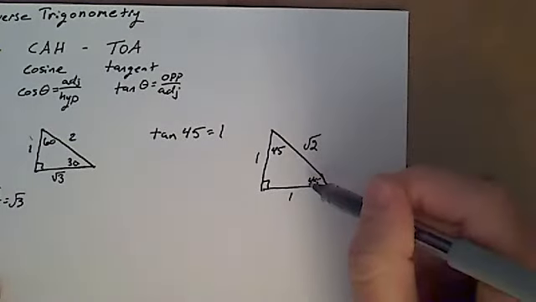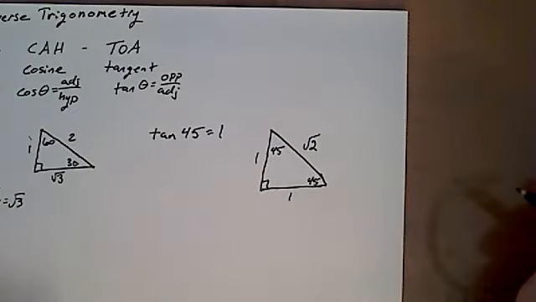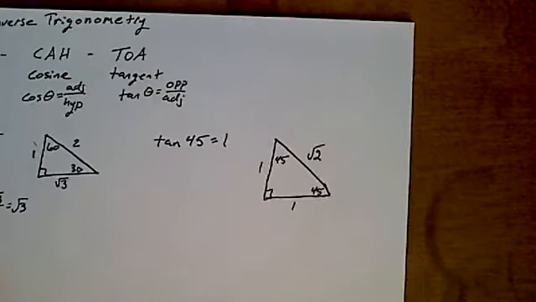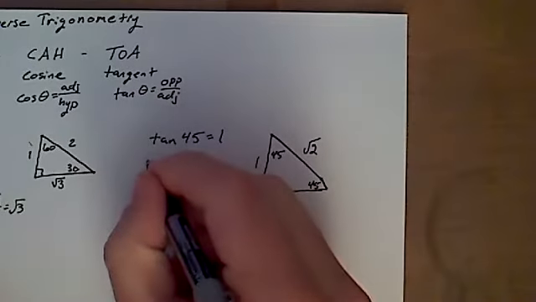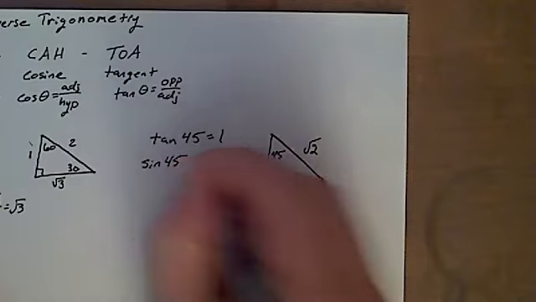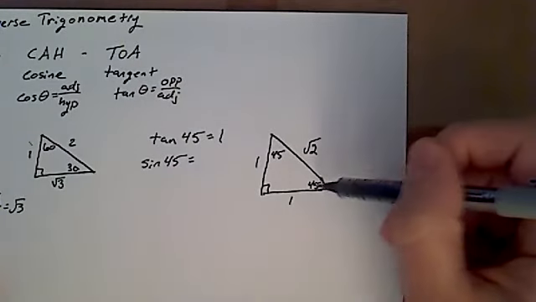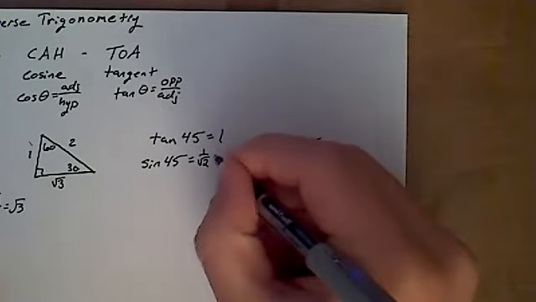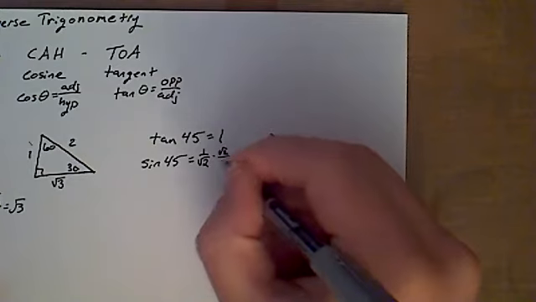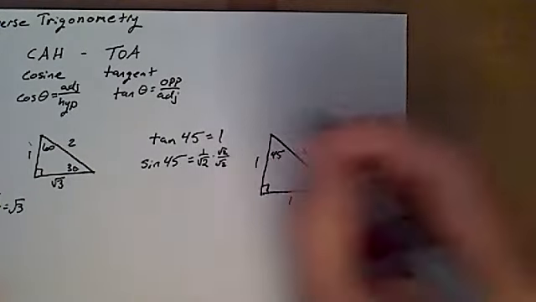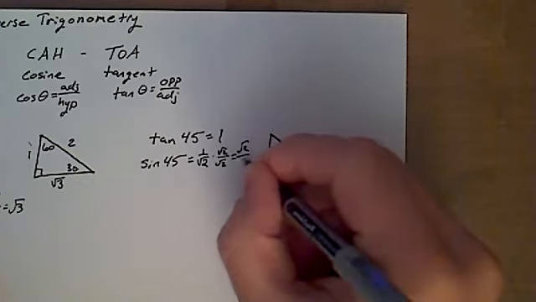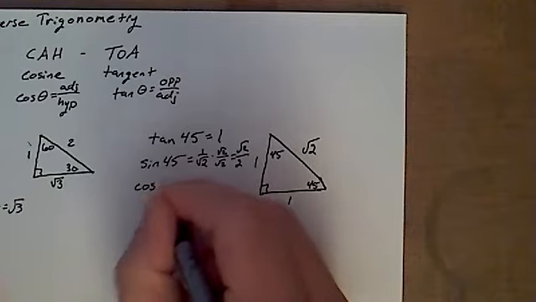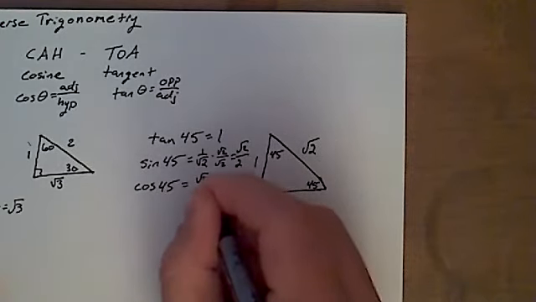Tangent of either of the 45-degree angles is 1/1, which is 1, right? If we wanted the sine of 45, this would be the opposite over the hypotenuse, 1 over the square root of 2. And remember when we spent all that time simplifying radicals, we get √2/2. The cosine of 45 would be the same.